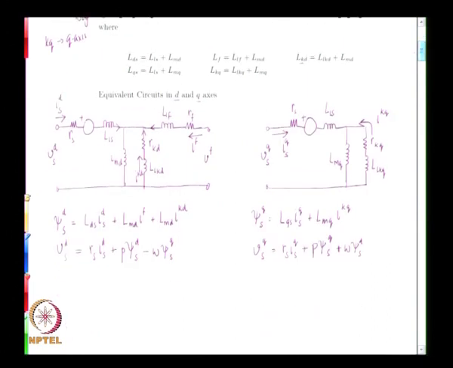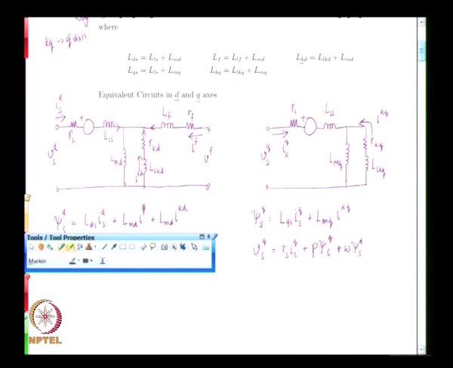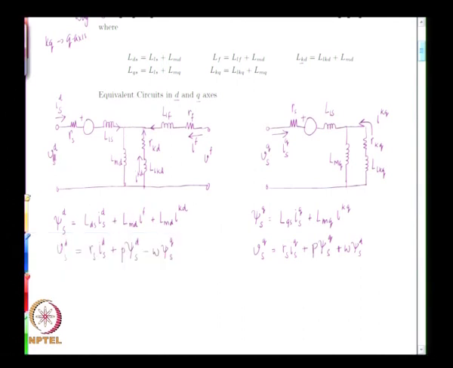Now, having written these two forms, let us compare this with the equivalent circuit again. You have VDS that is applied here, RS IDS is available here, speed EMF is available here, which means that the voltage available between these two nodes is nothing but P psi ds. RS IDS is already available, omega psi q is available here, and VDS is nothing but the sum of these three.